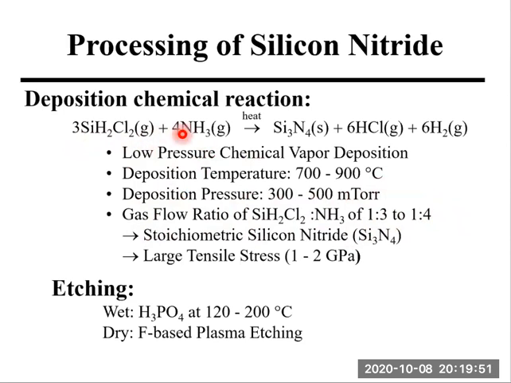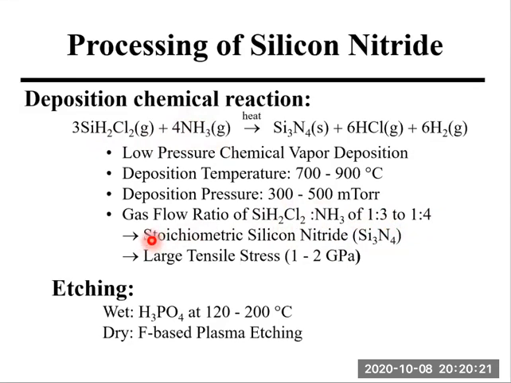But in the chemical reaction, the ratio is actually 3:4. And we use 1:3 or 1:4. So with this ratio, there is more nitrogen than required.